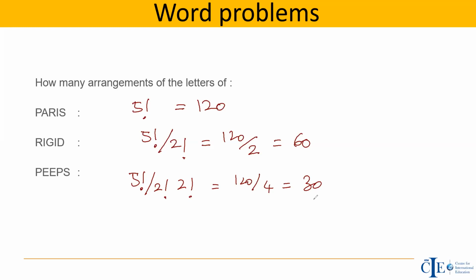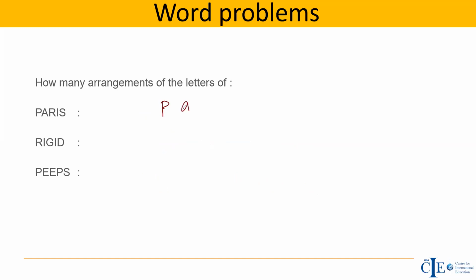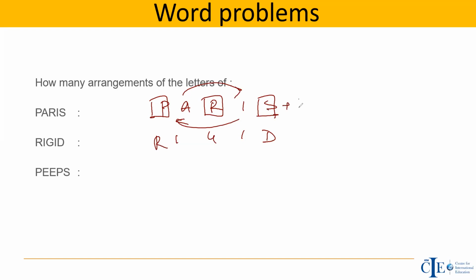So I'll explain you this logic. So let's say Paris, and there is RIGID. Let's consider these two words. Let's say fix P, R, and S, and try to interchange A with I. The word you get is PIRAS, which is different from Paris. But let's say I fixed R, G, D and I interchanged the I's.